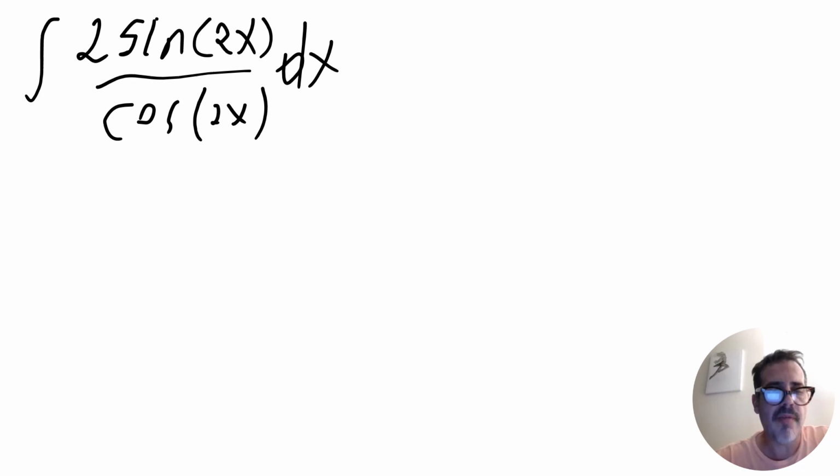Okay, so we have one more integral for you, and this is going to involve 2 parts. What we want to recognize here is that inside the sine function, we have 2x, and the derivative of 2x is 2. Therefore, we can immediately call a variable u.